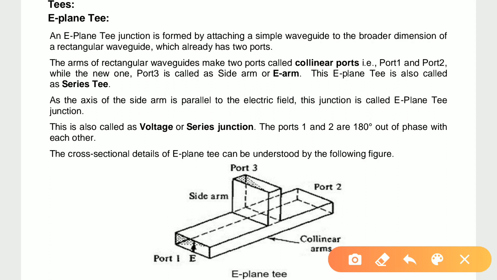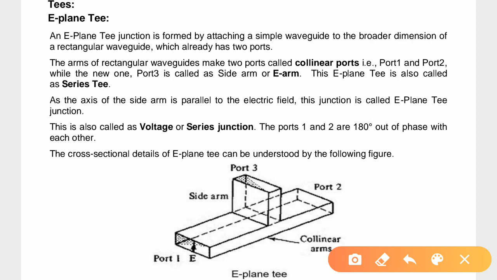Again, the H plane T is also called a shunt T, and the E plane T is called a series T. Again, the arm which is joined to the rectangular waveguide in the E plane T is called the side arm or E arm, and in the case of H plane T there was an H arm.